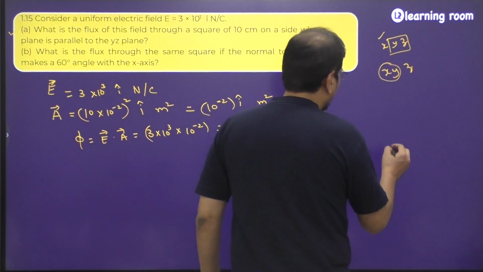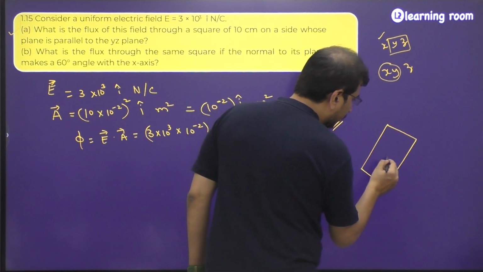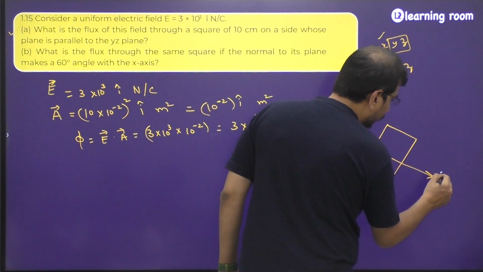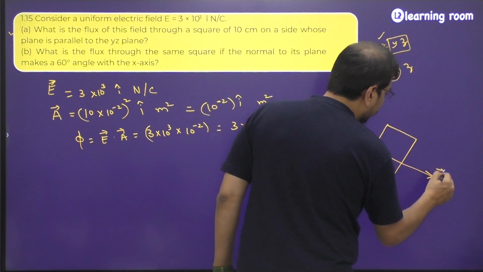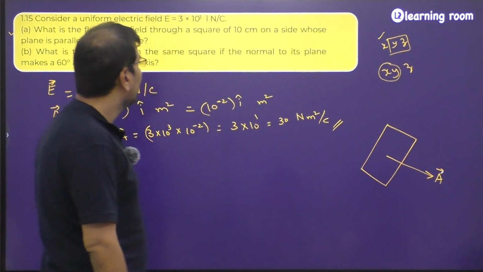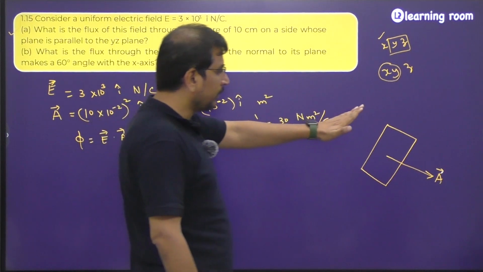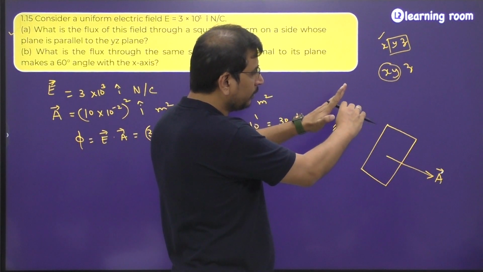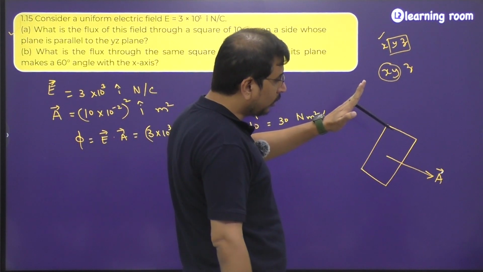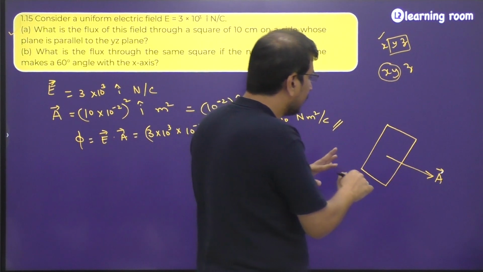If you draw it right, the square is going to look something like this. So this is going to be the area vector. What did they say? What is the flux through the same square, if the normal to its plane makes an angle of 60 degrees with the x-axis? This is the plane, and the normal to the plane is like this.